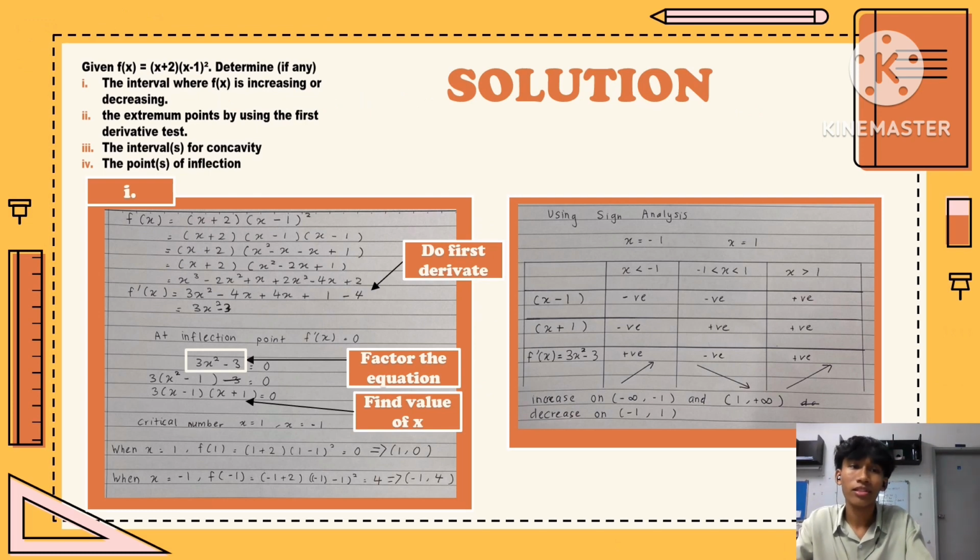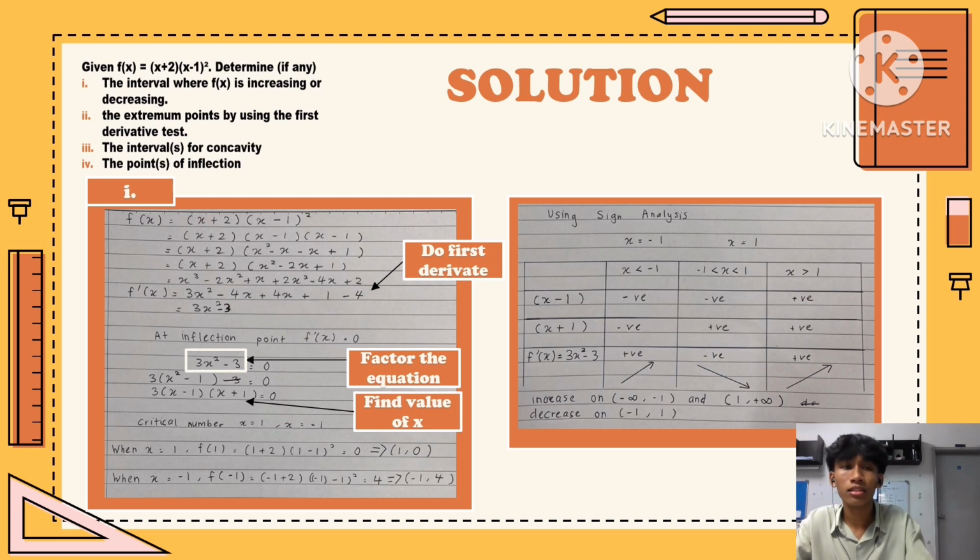The first question asks about the interval where f(x) is increasing or decreasing. So what we should do is the first differentiation, and we will get 3x squared minus 3. Then set f prime x equal to 0. Then we factor the first derivative, and we will find the value of x. So x equals 1 and x equals negative 1.